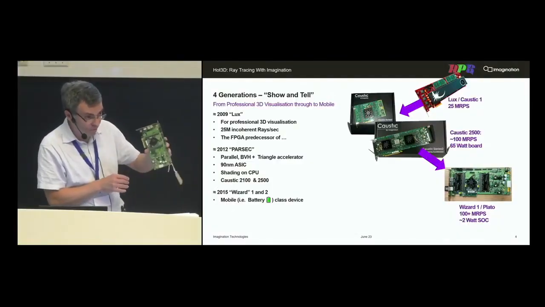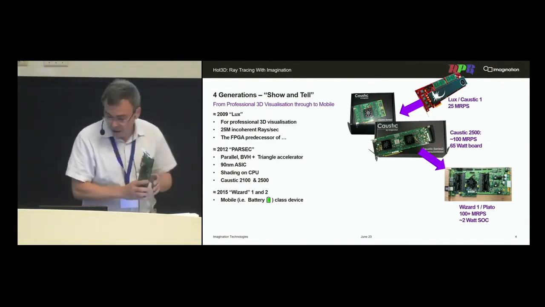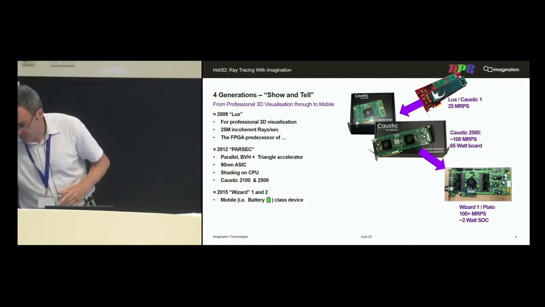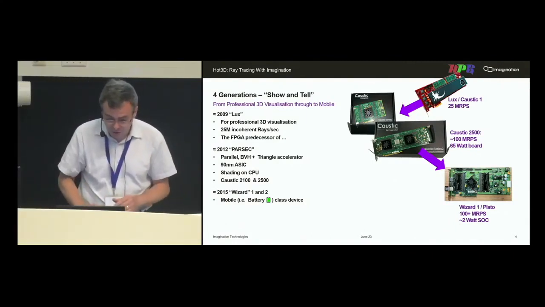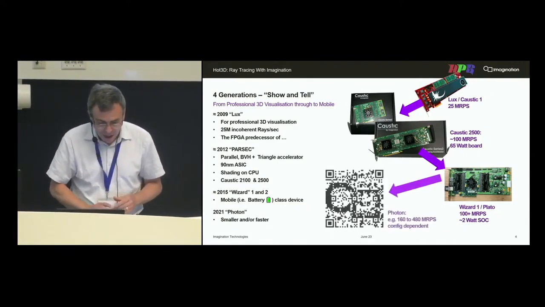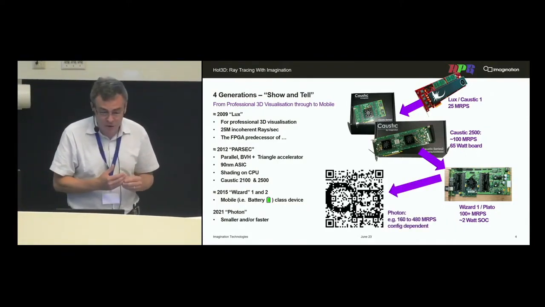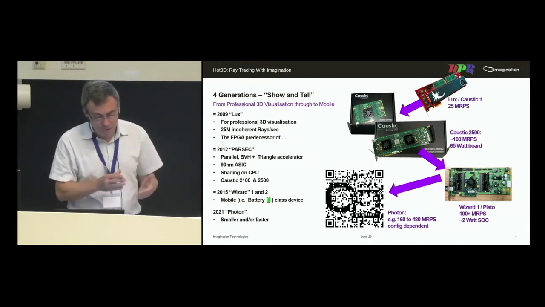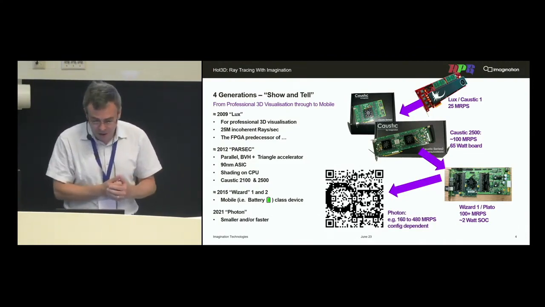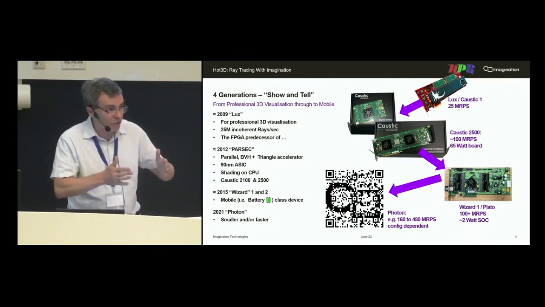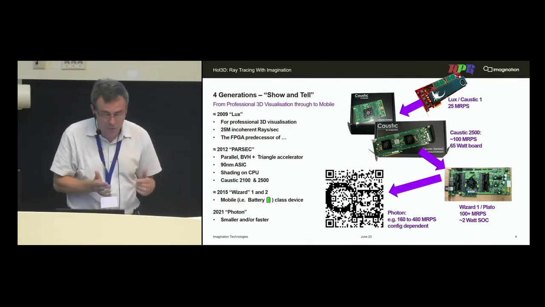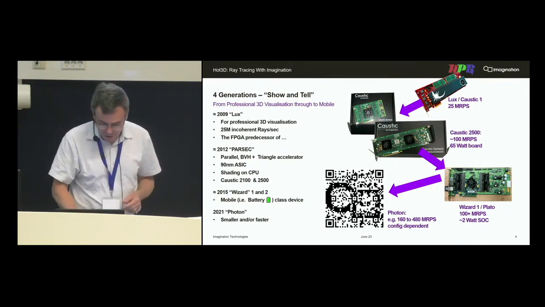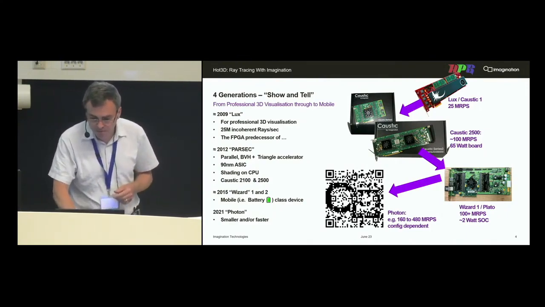The GPU was effectively a phone GPU, but didn't make it into a phone product, unfortunately. And then in 2021, we announced Photon, which is basically even smaller and or faster than the previous, looking at 160 to 480 million rays per second, depending on the config the customer wants.